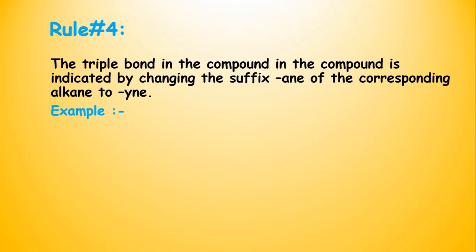Now rule number 4: the triple bond in the compound is indicated by changing the suffix ane to yne. We have already discussed this. I am giving you another example related to this one, like CH3, then the carbon-carbon triple covalent bond, then CH2 and then CH3.